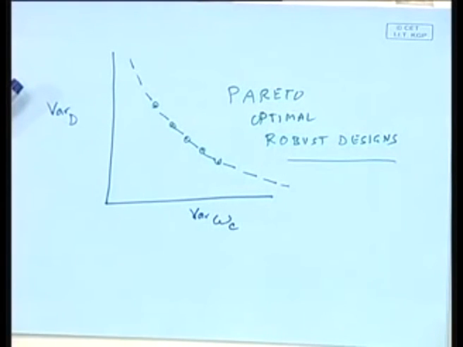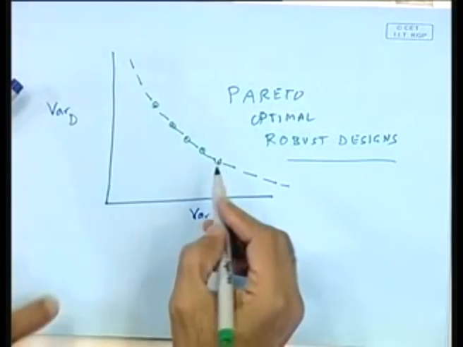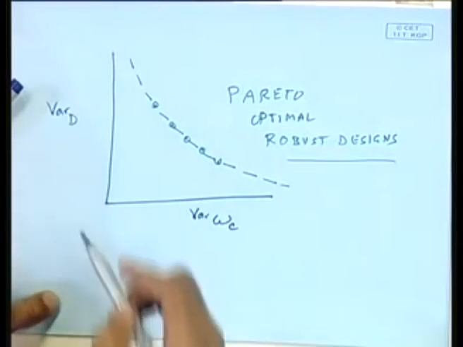Pareto optimal in the sense that it will go out and give you a design that is the best possible when you vary R3, and also the best possible when you try to manipulate the other variables.